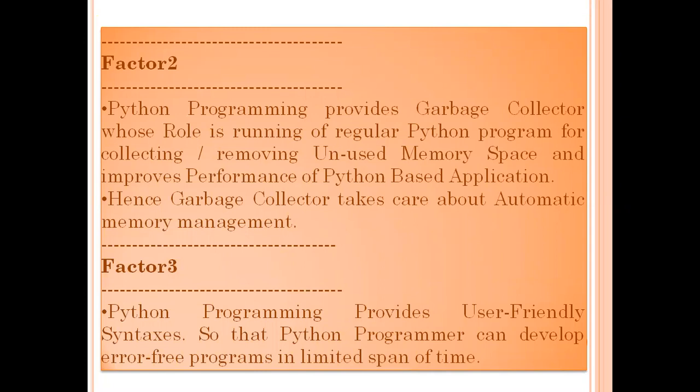So that is the only reason it takes less memory space and helps to perform better. The garbage collector runs along with regular Python programs for collecting or removing unused memory space. It's clear? That is the only reason it improves the performance of Python-based applications. Hence, the garbage collector takes care of automatic memory management.